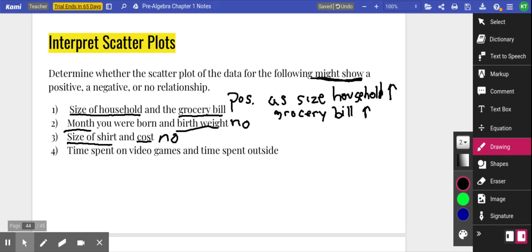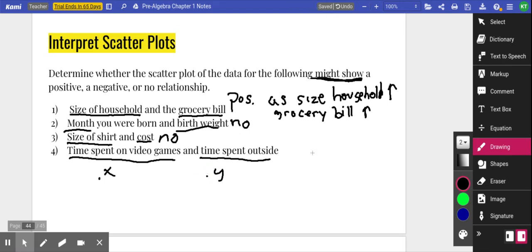And last one here, time spent on video games, which would obviously keep you indoors, versus time spent outside. If this is my x and this is my y, let's say I spend 1 hour on video games, that gives me more time to spend outside.